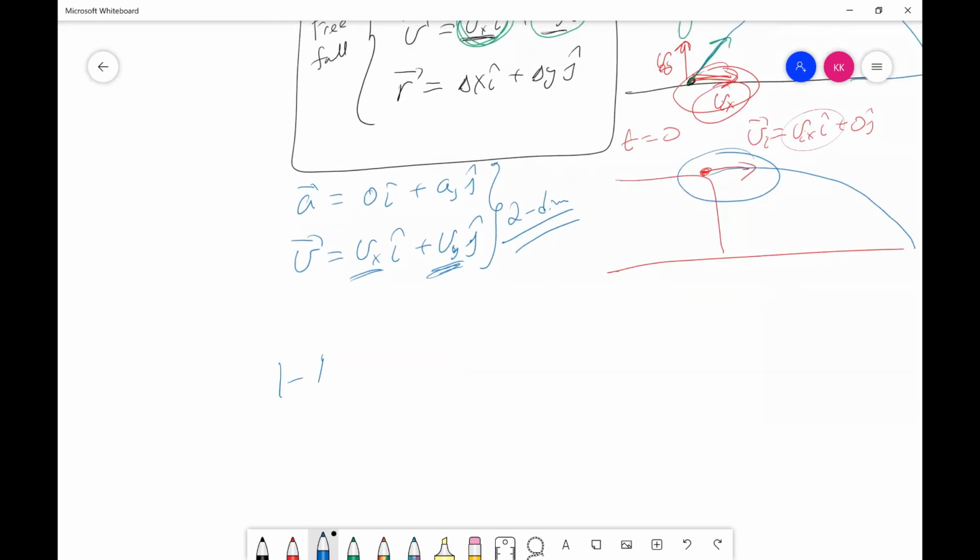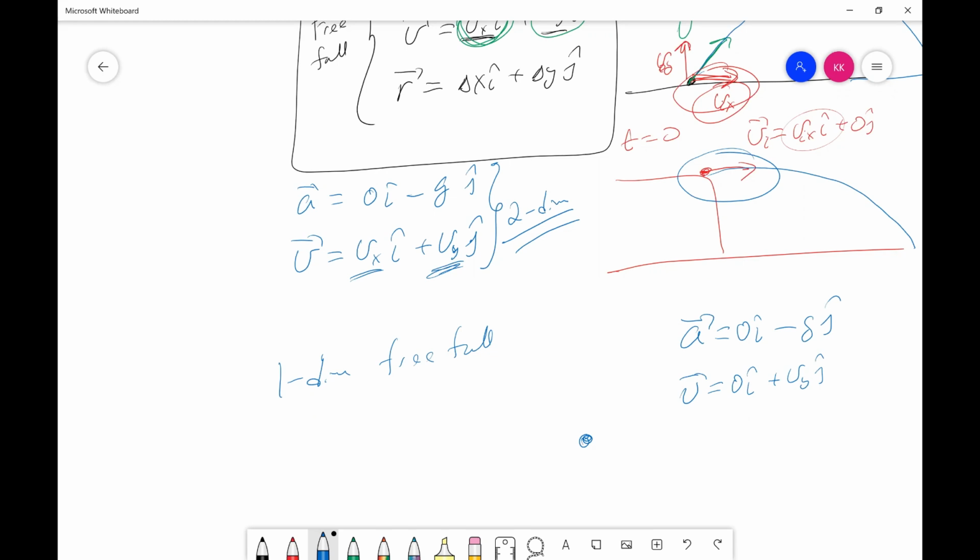Because one-dimensional free fall means the object has the same acceleration, which means 0 i hat plus, let me do this here as minus g, so minus g j hat, but the velocity is this: 0 i hat plus some initial vy j hat.